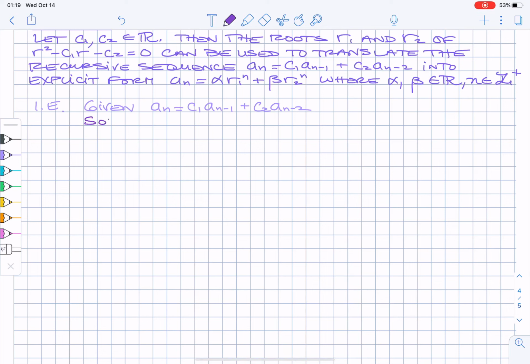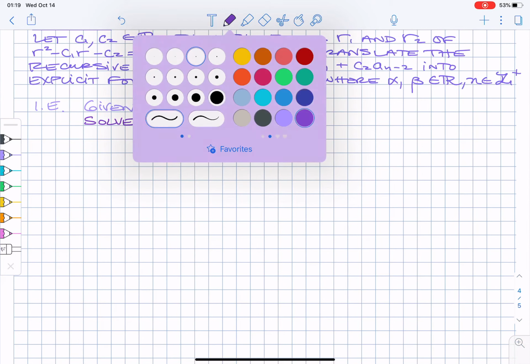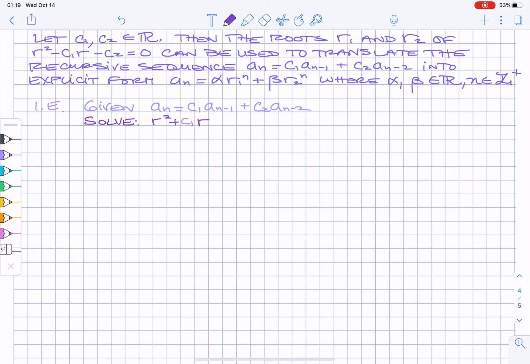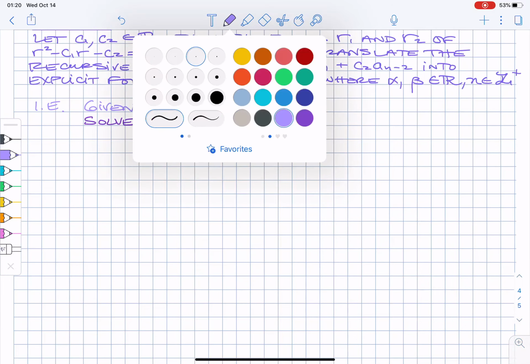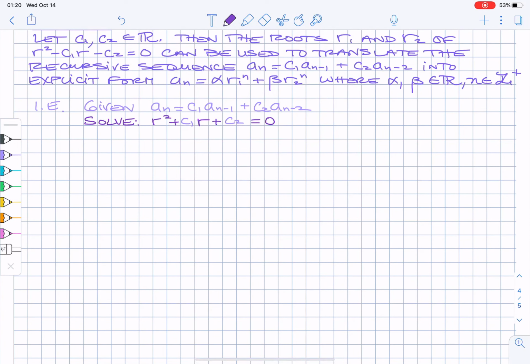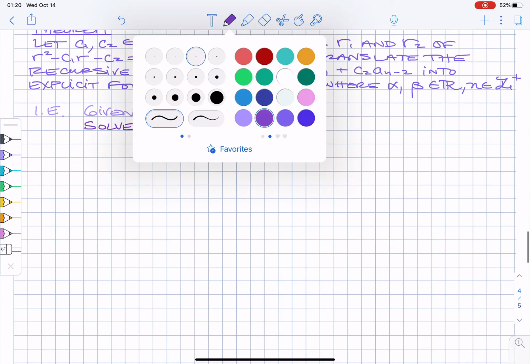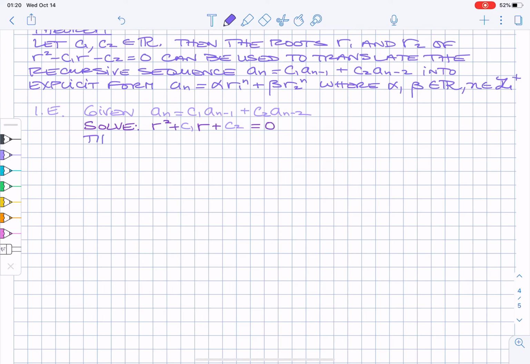Solve R squared minus C1 times R minus C2 equals 0. Then A sub n will be alpha R1 to the n plus beta R sub 2 to the n.